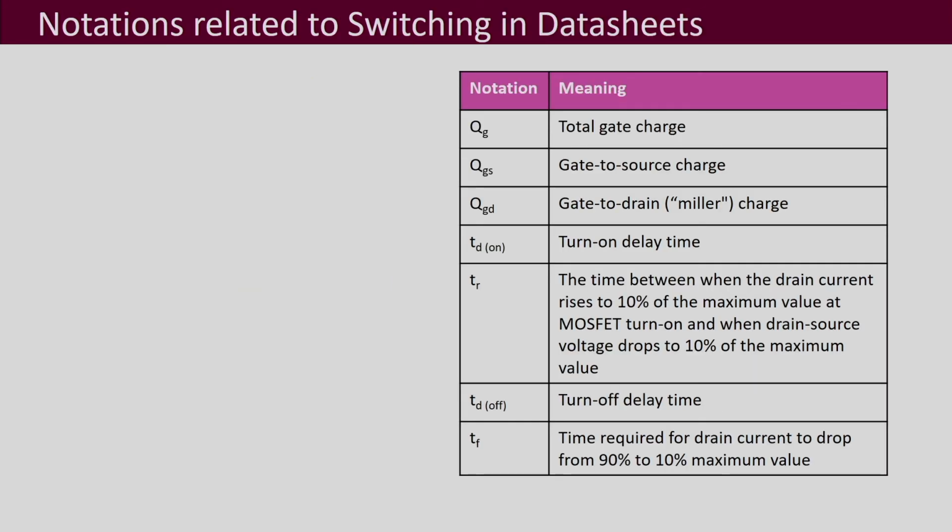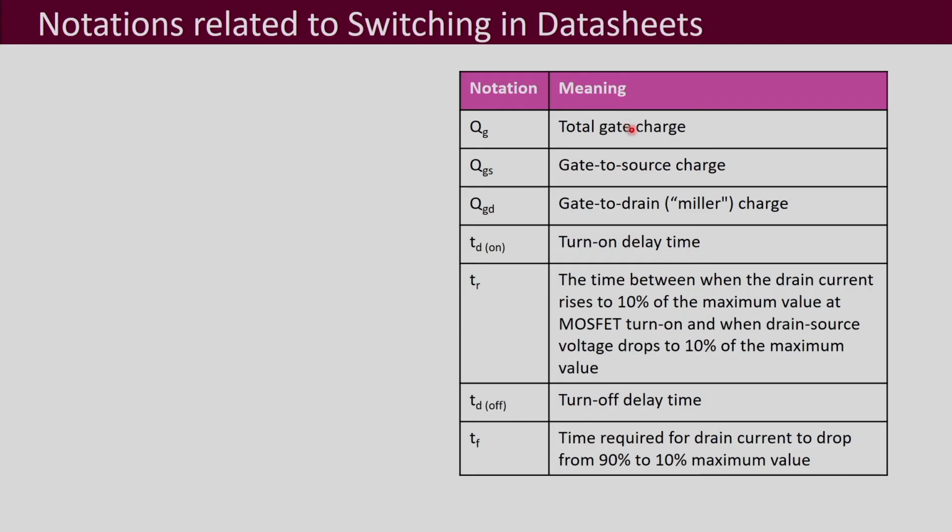Now, what are the notations which are given in the data sheets related to switching characteristics of the MOSFET? Your total gate charge is provided, as when you are turning on and turning off the MOSFET, you are charging the three capacitances that are involved. You may recall we had a look into this in the last lecture.